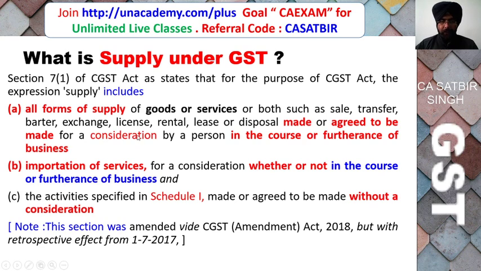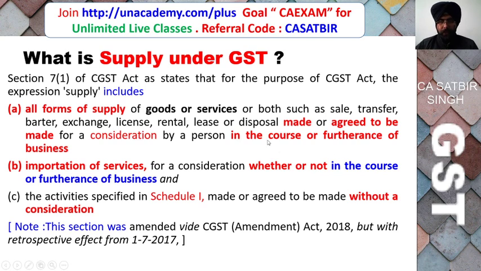But again there are transactions mentioned in Schedule 1 which are made without consideration, that is, even if no price is paid for these transactions, they will still be a supply, which we will study. And it should be made for a consideration by a person in the course or furtherance of business. So if there is no business and the activities are supplied, it cannot be termed as supply.